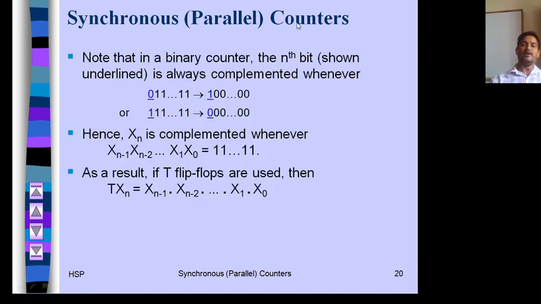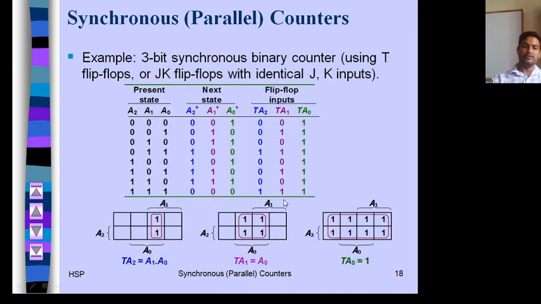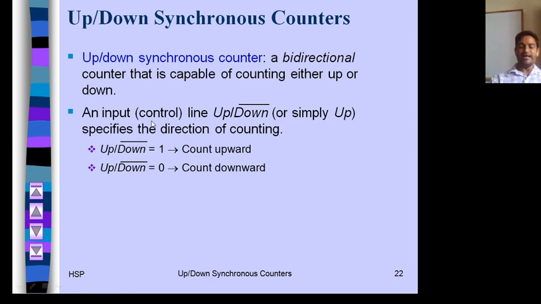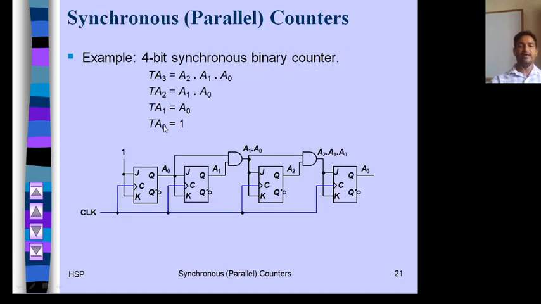Now synchronous parallel counter. Okay, in general you have to remember Txn is nothing, xn minus 1, xn minus 2, up to x1 into x0. Okay, how? This is TA2 is A1 A0. Okay, suppose there is mod 16 or 4-bit synchronous counter. Now you can directly write down, okay, TA0 is 1.